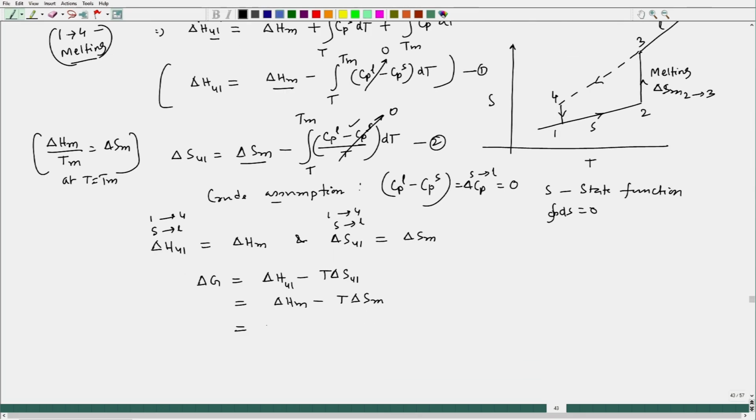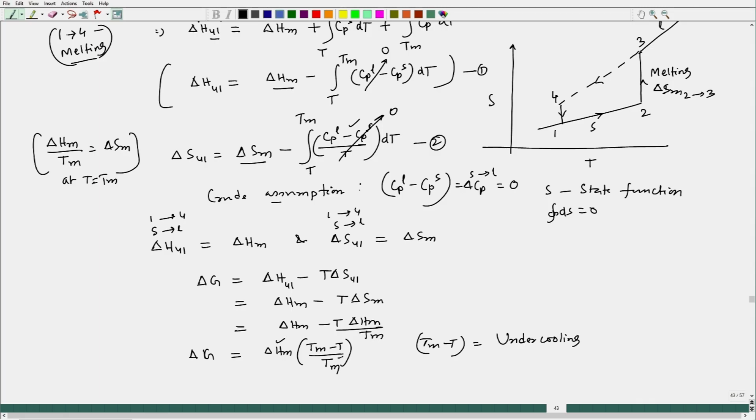So this becomes delta Hm minus T delta Hm by Tm. So delta G would be equal to delta Hm times (Tm minus T) divided by Tm. So this Tm minus T is called undercooling.